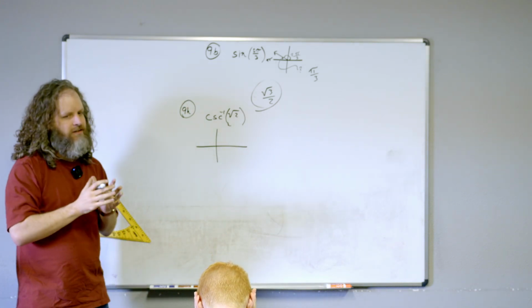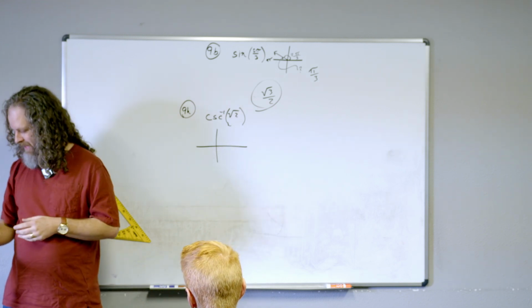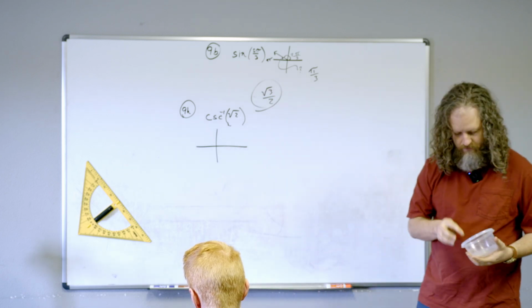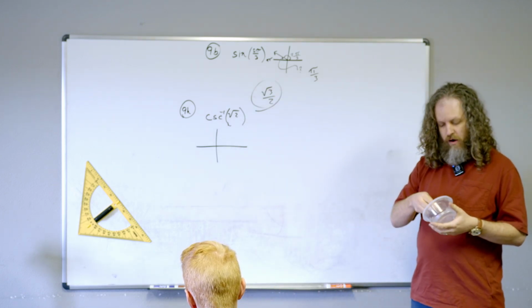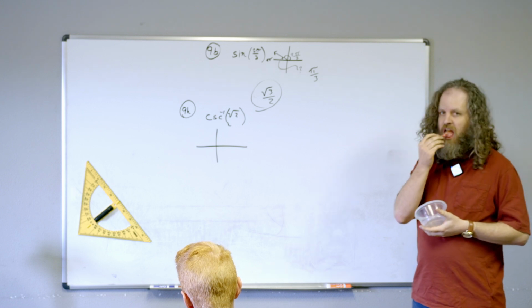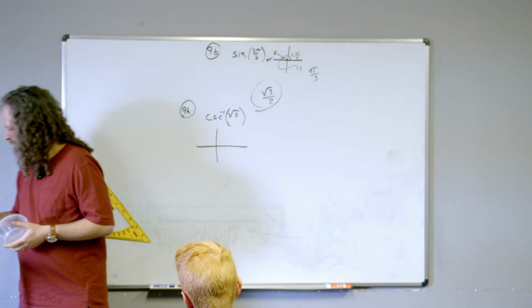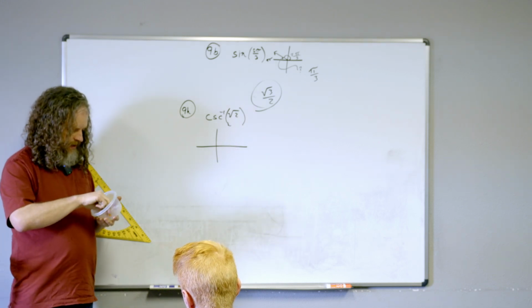What is cosecant in x's and r's and y's and all that stuff? Is it x over y? No, that's cotangent. I just forget which one goes with which. Sine is y over r.